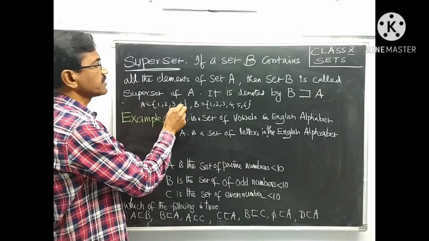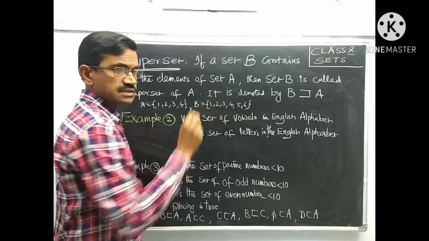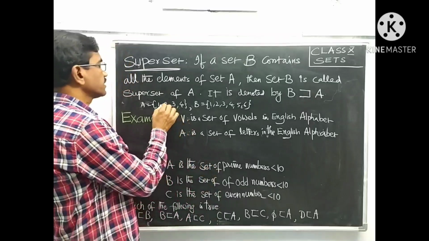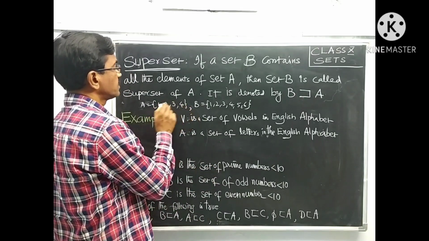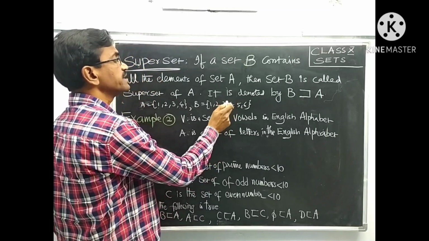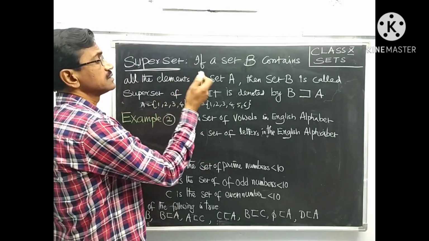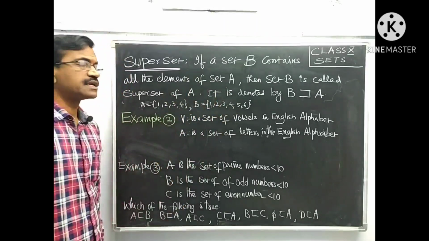A is equal to 1, 2, 3, 4. B is equal to 1, 2, 3, 4, 5, 6. Here every element of A, 1, 2, 3, 4, belongs to set B. Therefore, B is called a superset of A, and A is called a subset of B.